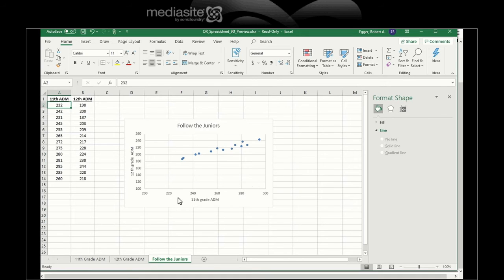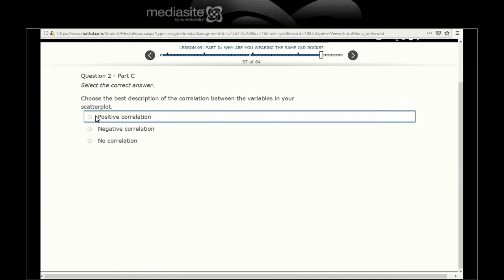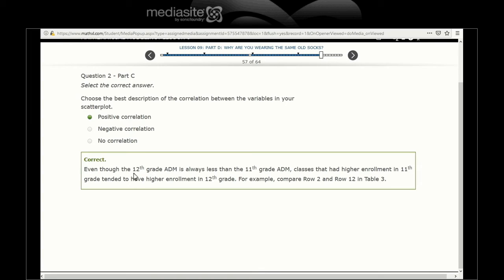Positive just means as the explanatory increases, the response increases. Think of positive or negative correlation as being the slope, a positive slope, a negative slope. And even though 12th grade is always less than 11th grade, classes that have higher enrollment in 11th tend to have higher enrollment in 12th and so forth.